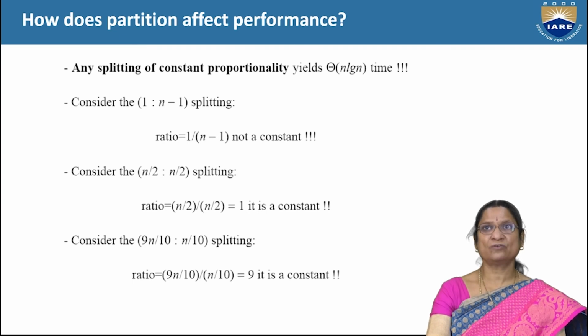So any splitting of constant proportionality yields theta of n log n time. Consider the 1 to n minus 1 splitting. The ratio is 1 by n minus 1, which is not a constant. But n by 2 to n by 2 means the ratio is n by 2 by n by 2, which is equal to 1, which is a constant. 9n by 10 and n by 10 gives a ratio of 9, which is also a constant.